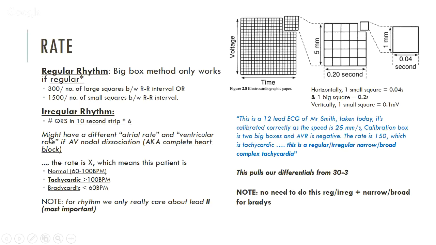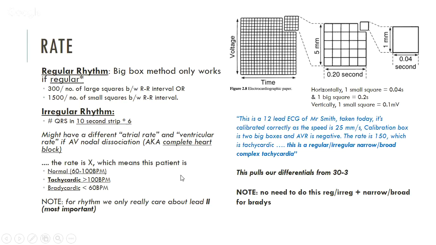You can just look at a 10-second strip and just times that by 6. And sometimes you might have a different atrial and ventricular rate in complete heart block, but you can see that later on. And to look at the rate, it's best to look at lead 2.